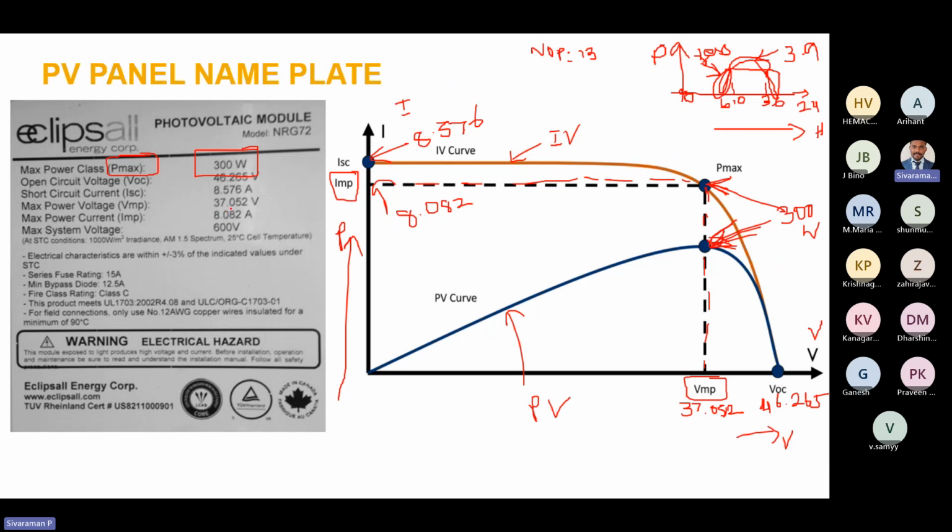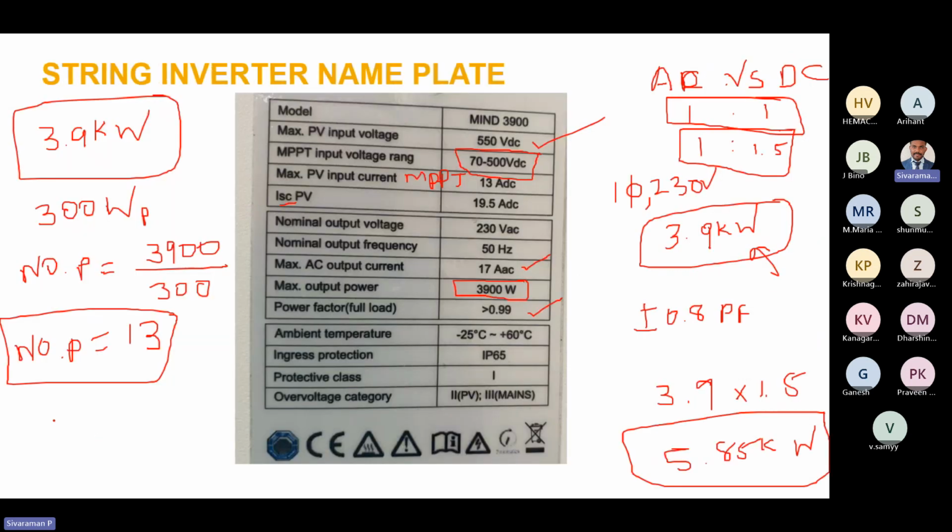Here our panel VMP is equal to 37 volt. So when we have 13 panels, those panels have to come under this MPPT voltage range.